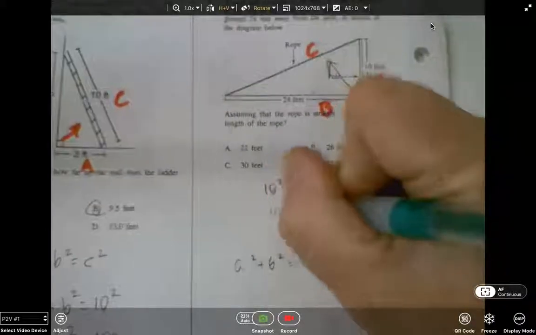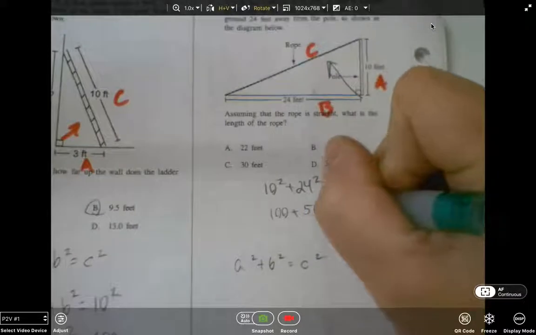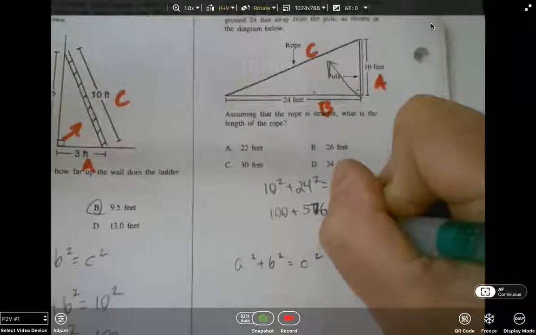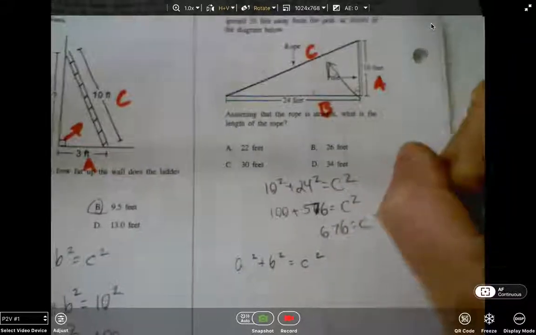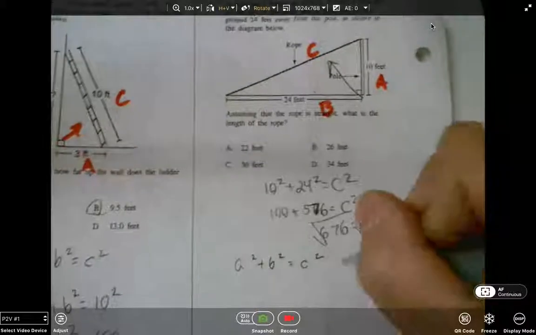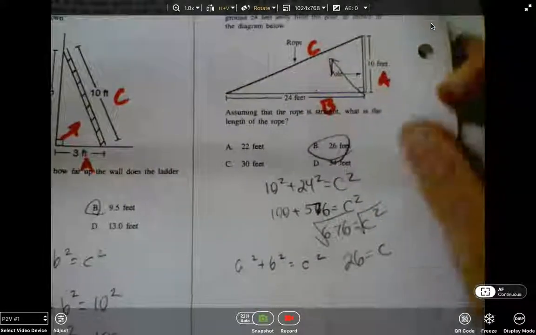This gives me 100 plus 576 equals c squared. That's 676 equals c squared. Square root both sides, and you get c equals 26. So the length of that rope is 26 feet.